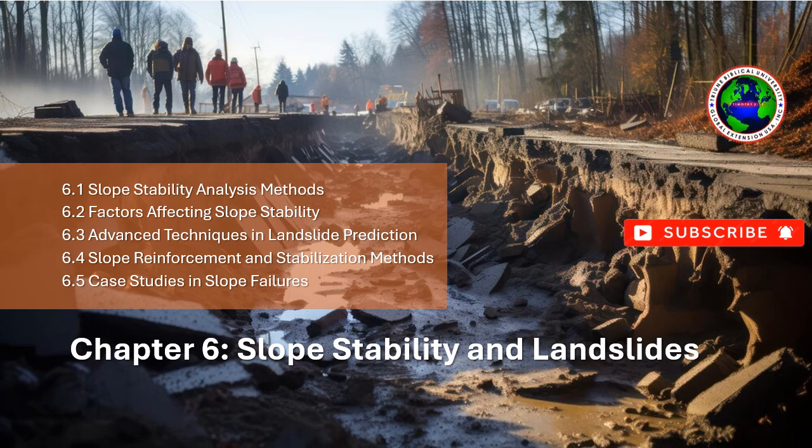Types of grouting. Cement grouting. Cement-based grouts are injected into the soil to increase its density and shear strength. This is commonly used in areas where the soil is loose or granular and needs additional support. Chemical grouting.